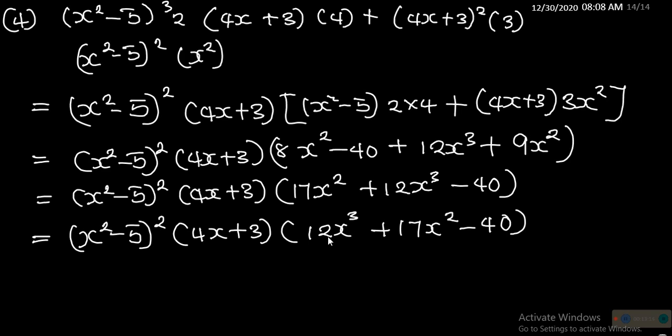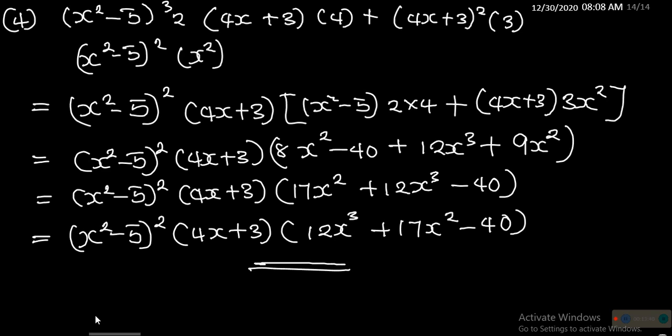I don't think we can factor that further, so that should be the answer. 12 times 4 is 48, 480. Is there any two numbers we can multiply to have minus 480 and add to have minus 27? I don't think so. So let's leave the answer this way.